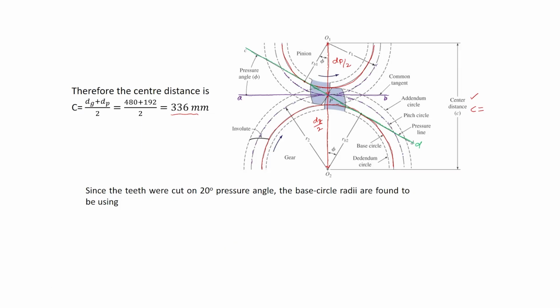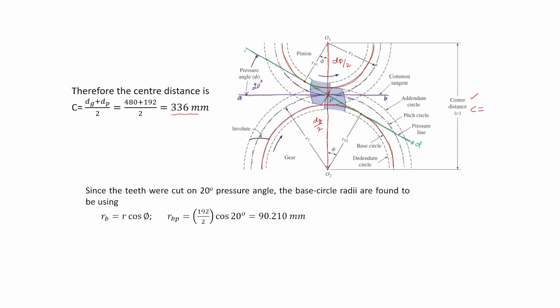Thus, the angle between these two, that means AB and CD, is the pressure angle, and this pressure angle is given as 20 degrees in our case. Therefore, this was the base circle, and the base circle radius is this one. Now, as we know, CD is tangent on the base circle.